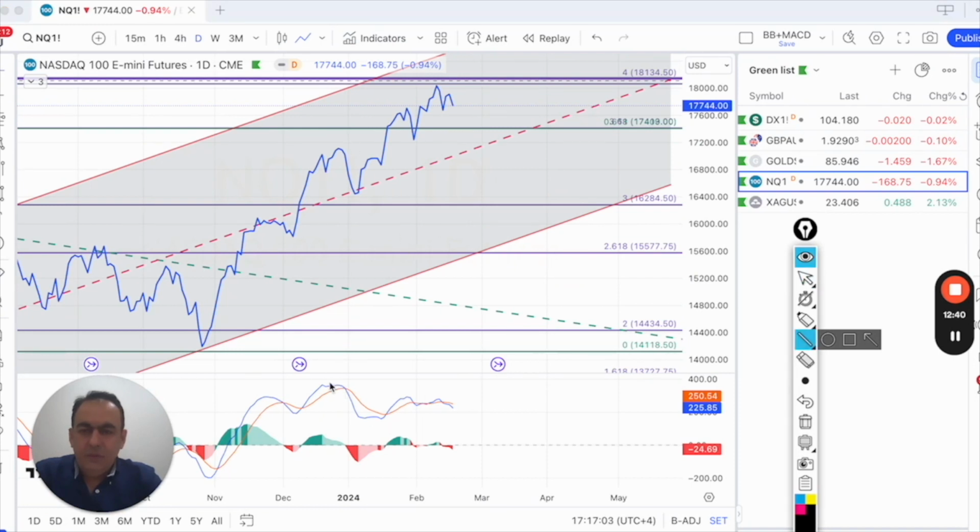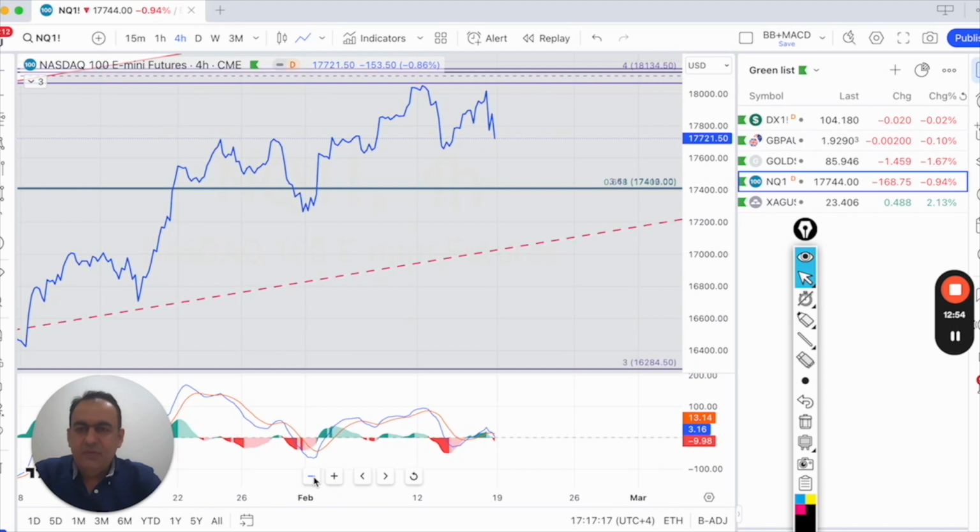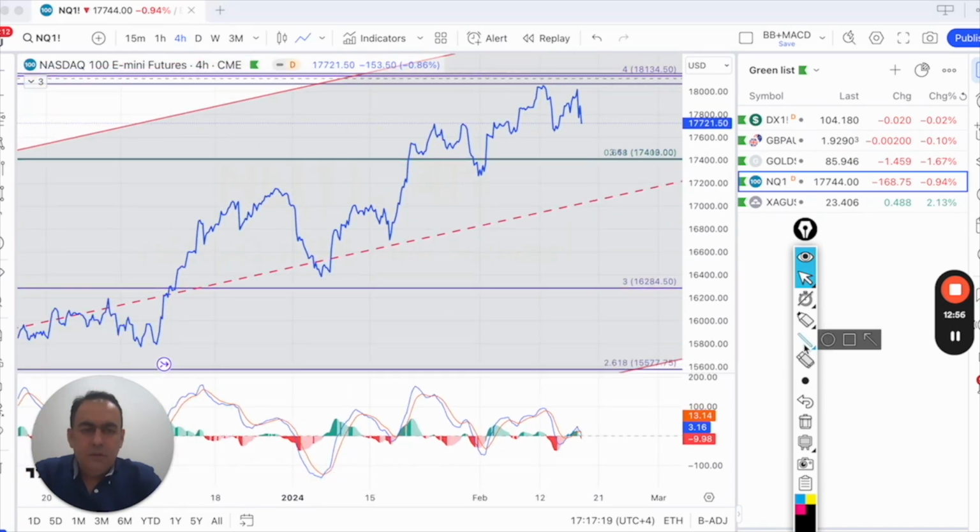So we have first bearish divergence coming into play, second bearish divergence coming into play, and on the 4-hourly chart, I can see that bearish divergence has been completed. Daily under bearish divergence, 4-hourly under bearish divergence, and we got the lower high formation here, and we also got bearish divergence on the 1-hourly chart.